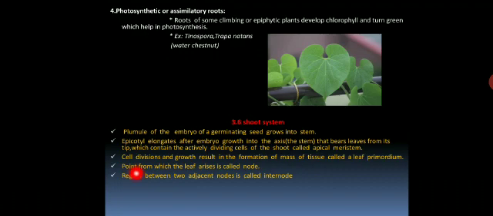Simply we say, in a shoot, a particular point where the leaf arises or forms is called a node. Then what is an internode? The region between two nodes, simply two successive points, is called an internode. This is a small introduction about the shoot system.